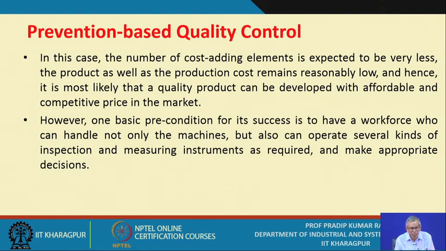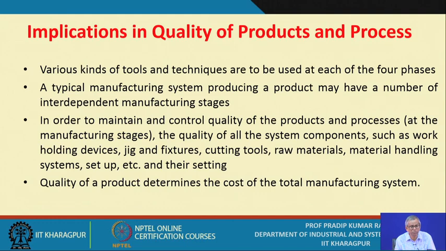However, one basic precondition for its success is to have a workforce who can handle not only the machines but also operate several kinds of inspection and measuring instruments as required and make appropriate decisions. Okay, so what is the implication? The implication is for the quality of products and processes.